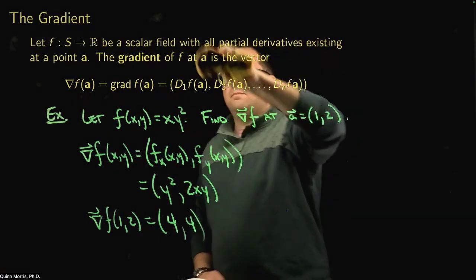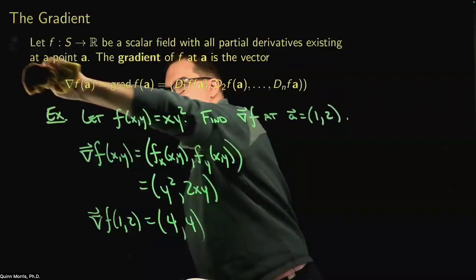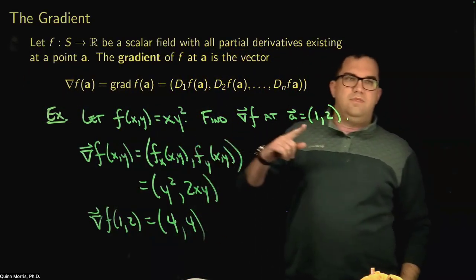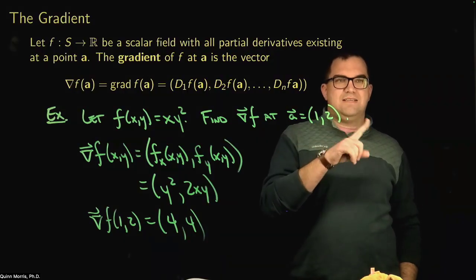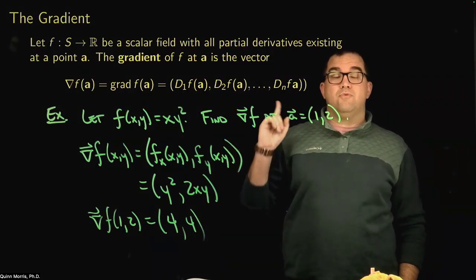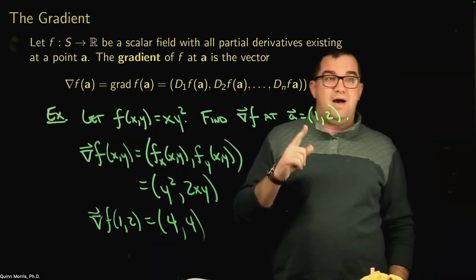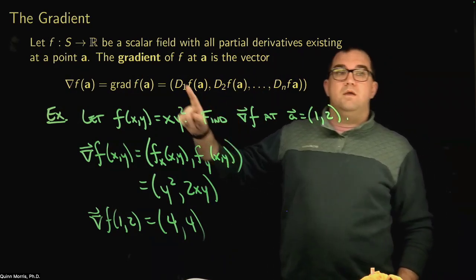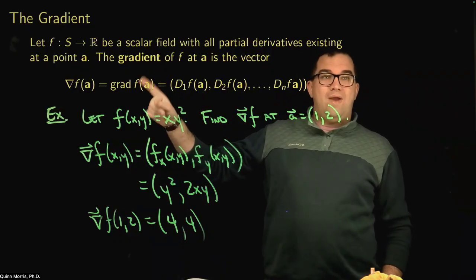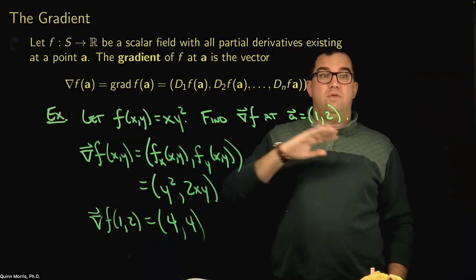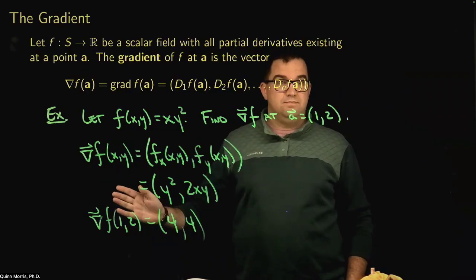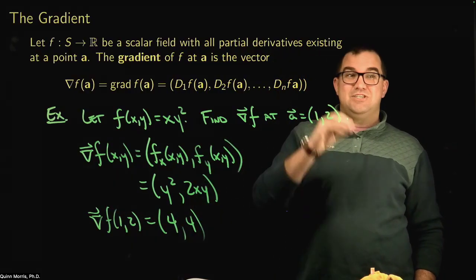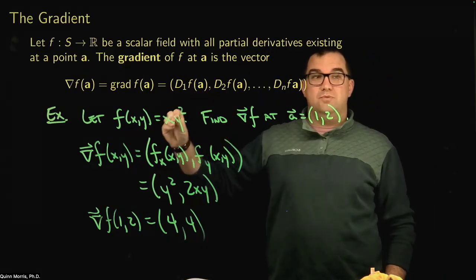Okay. The other thing we want to note is that it came up in that formula before that the gradient vector has something to do with the total derivative, but remember that the hypothesis of that whole theorem was that you already knew the function was differentiable. We can define the gradient as long as all of the partial derivatives exist. But just because all of the partial derivatives exist does not mean the function is differentiable.